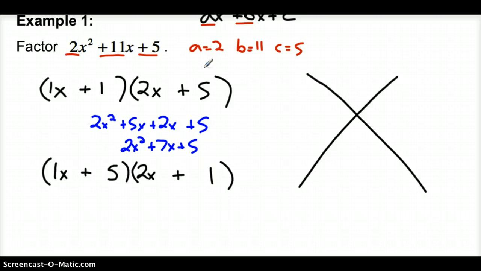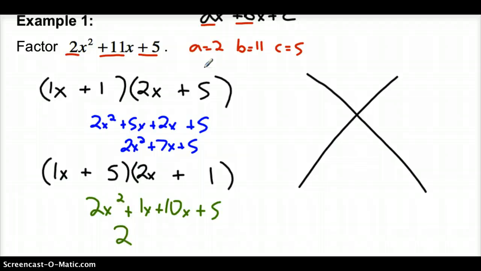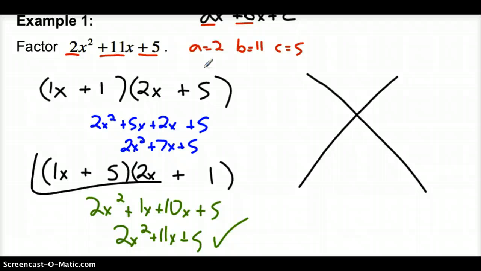So now, first times first this time is going to give me 2x squared, right? And my outsides here are going to give me a positive 1x, okay? My insides here will give me a positive 10x, and then last times last will just give me a positive 5, okay? Well, if I combine like terms this time, I get 2x squared plus 11x plus 5. And I can see, hey, that's my original problem, okay? So this is my answer that has to be correct, okay?